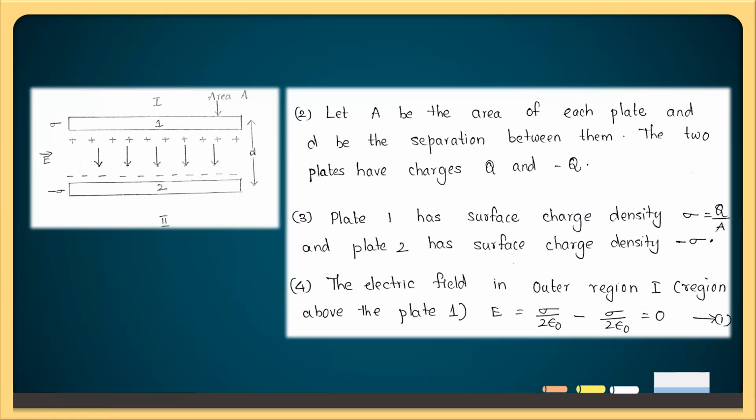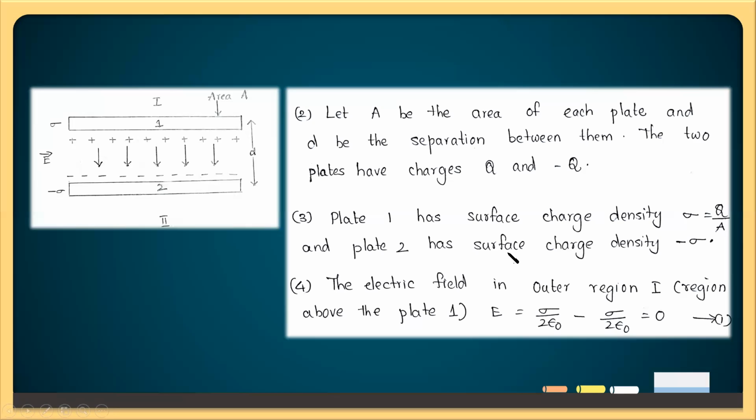We have seen that the electric field due to a plane sheet is E equal to sigma by 2 epsilon naught. This was derived in the previous chapter, in the second application of Gauss theorem.